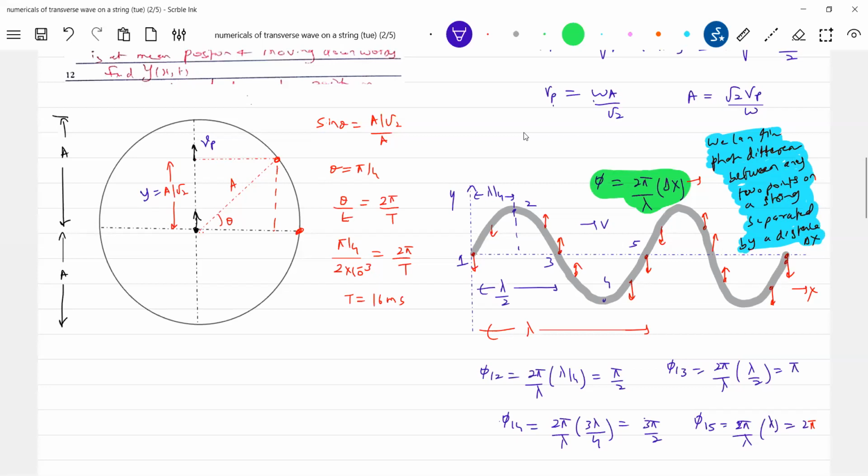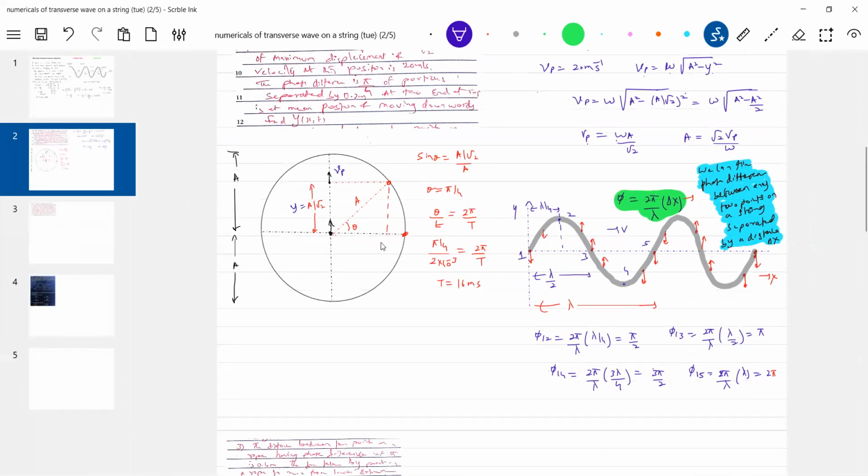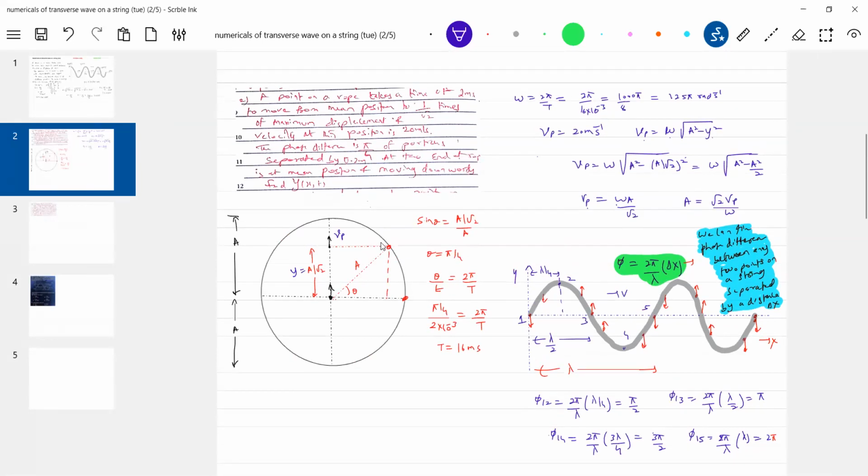Okay, now let's get into the question. What is it asking? What has he given? The phase difference is pi by 4 for particles separated by 0.2 meter. Shall we take help of this data? This is one generalized piece of information. Please do remember.